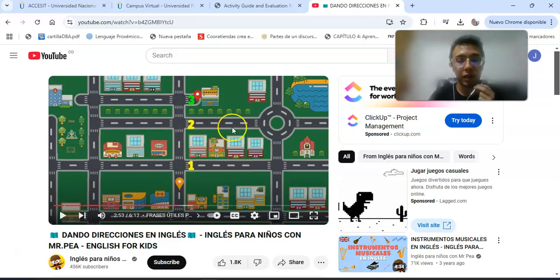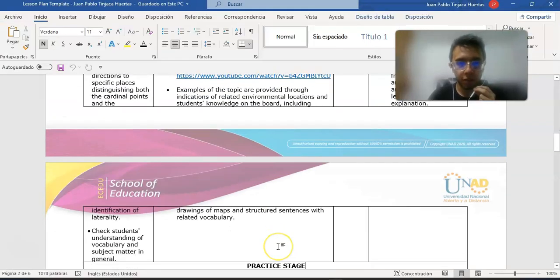One of the activities, one of the resources that we are going to use in this lesson. Okay, let's continue. We have here the next part. I'm going to make a feedback activity to make sure that the students understand everything related to the explanation on the board and the audiovisual resource. So for that, I'm going to draw a map on the board, related to the educational institution.